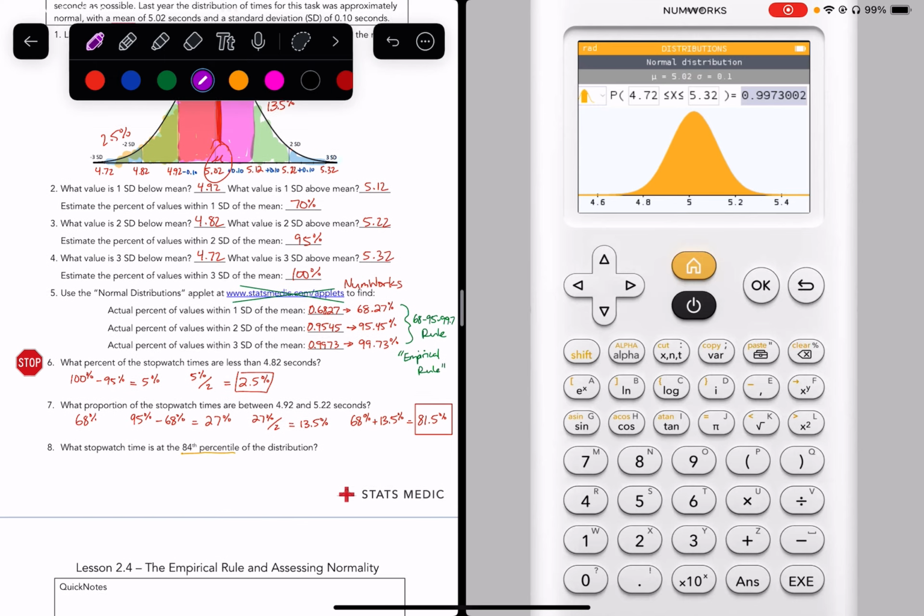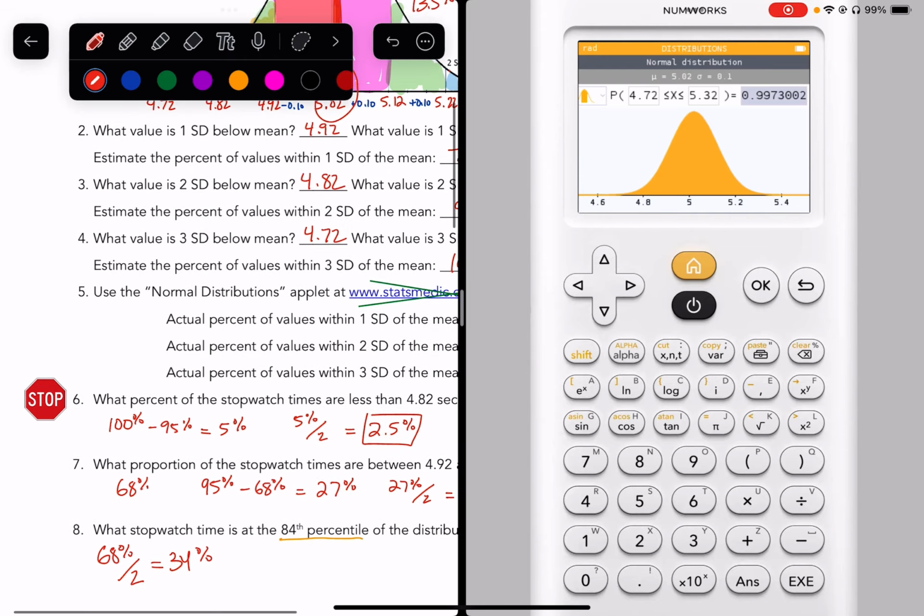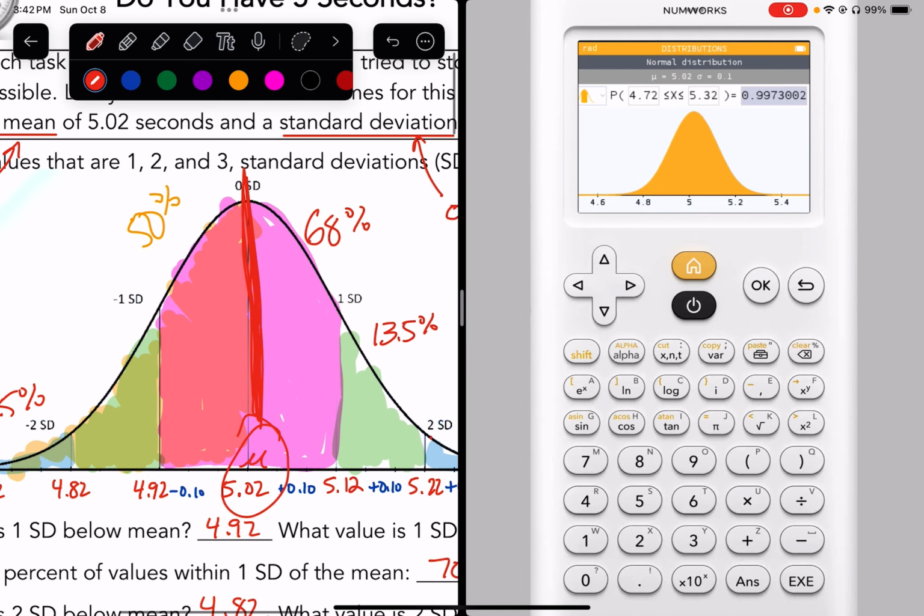So if I divide 68% by 2, that gives me 34%. And so I can know that one of these pink sections, just one from here to here, is 34%.